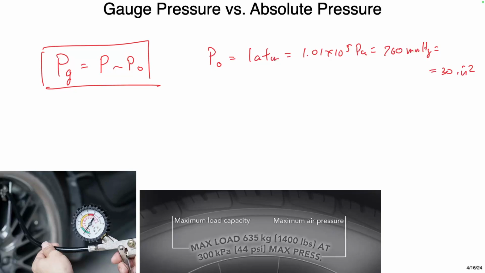So if I wanted to know what the actual pressure inside of a tire is, most tires you inflate to 35 pounds per square inch. And by the way, how do you know how much to fill your tires? Some of you are looking at me like, I fill my tires? Check your tire pressure.